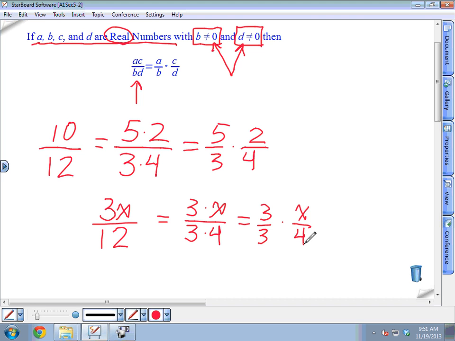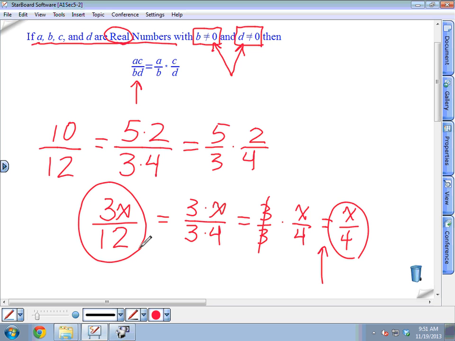This makes it neat because 3 over 3 is 1 times x over 4, and the whole thing reduces to x over 4. So what I'm really doing is giving you some methods or rules for reducing or renaming fractions to equivalent fractions. Equivalent means they're equal to each other. So this fraction, because I've done the equal sign all the way along, is equal to this fraction. It looks different, but it's equal.